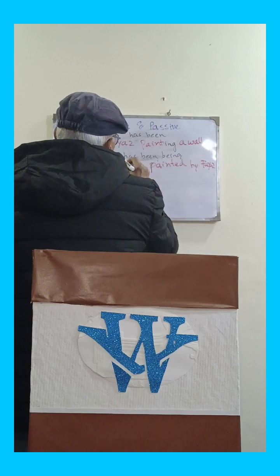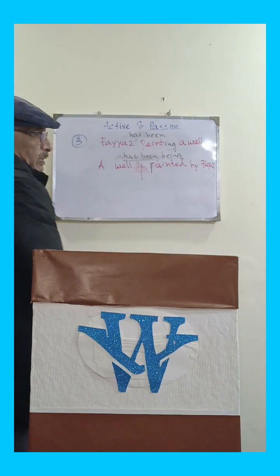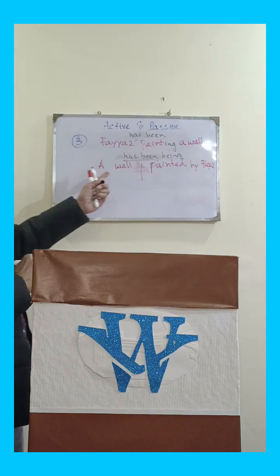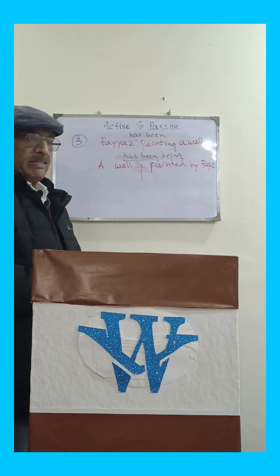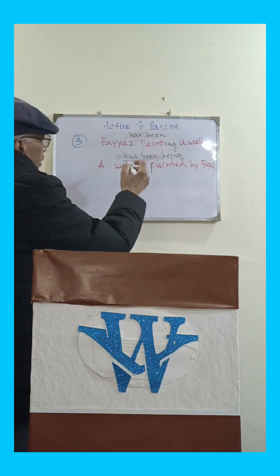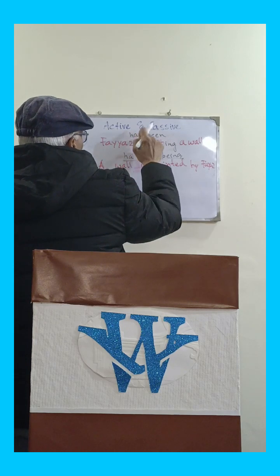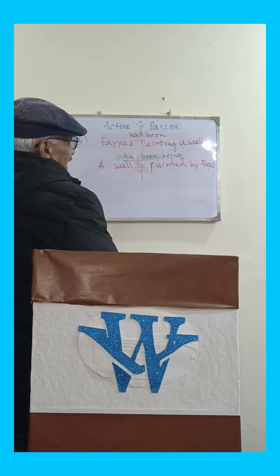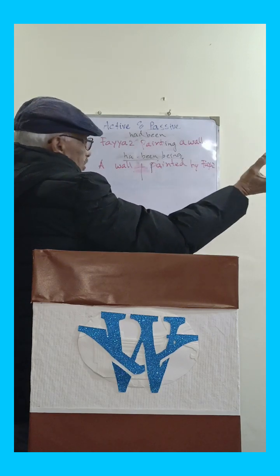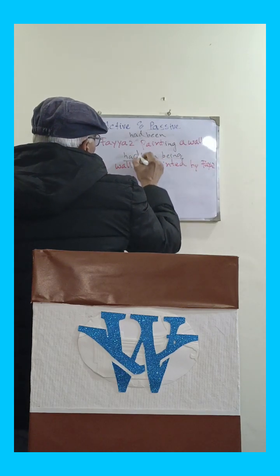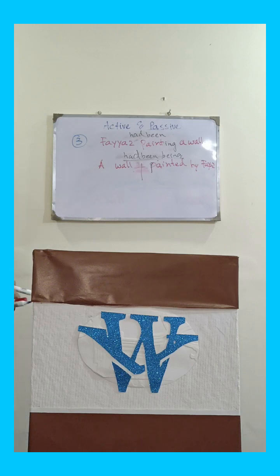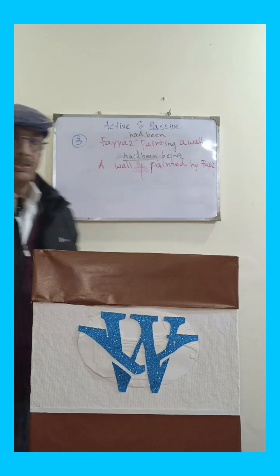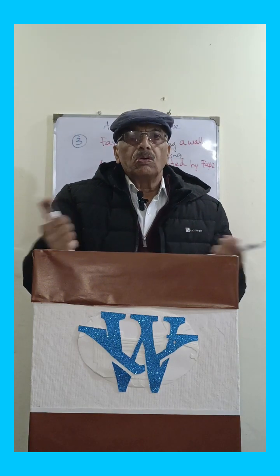Because it is present perfect continuous tense, a wall has been being painted by Fayaz. Or if it is past tense, Fayaz had been painting a wall, so you use for or since. So here it is, had been being painted by Fayaz. So that is how you change all the tenses into passive voice.